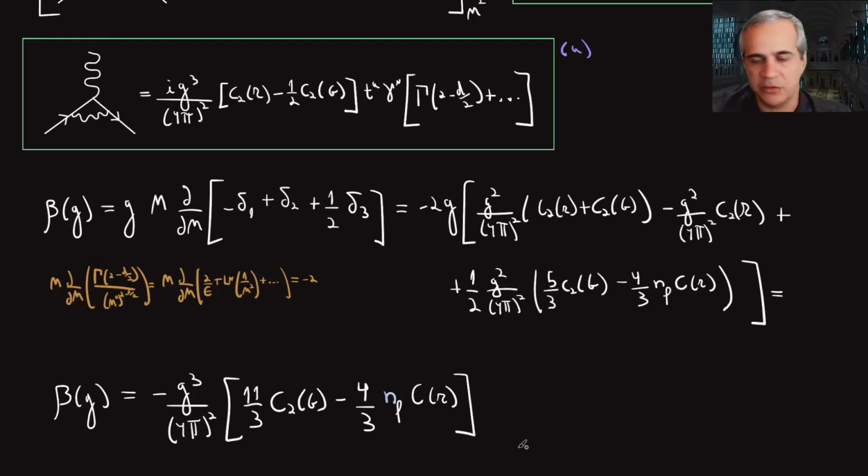Right? It's important to say that we did everything in the Feynman-'t Hooft gauge, right? But at this point, all the gauge dependencies would have cancelled, right? The beta function itself is not gauge dependent at one loop.